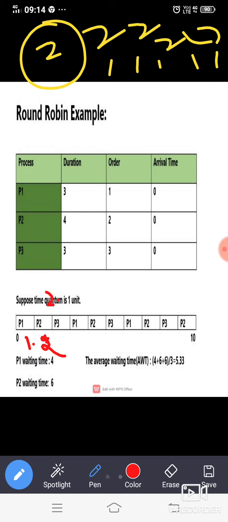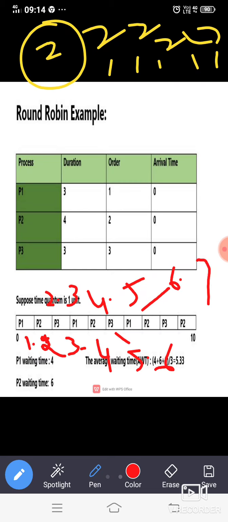From 2 to 3, P3 is executed. Then from 3 to 4, P1 is executed again. From 4 to 5, P2 is executed. From 5 to 6, P3 is executed. From 6 to 7, P1 is executed.